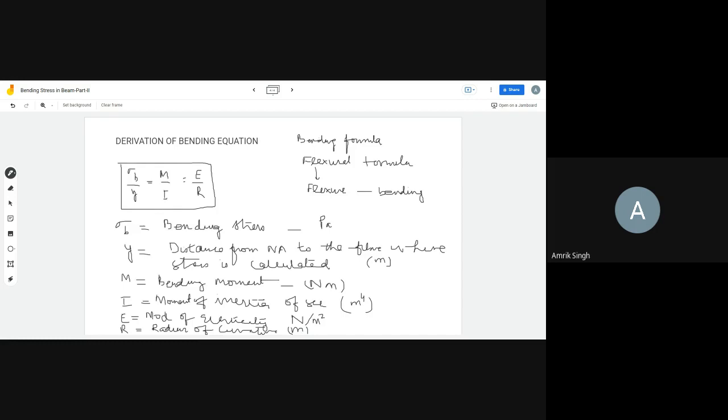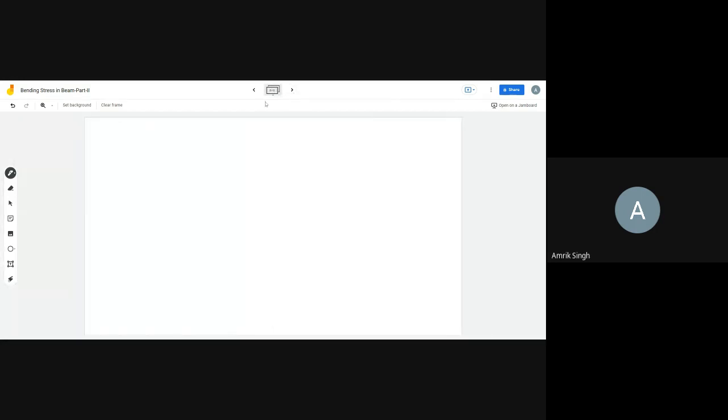So before the derivation, as we know, in any theory we make some assumptions.